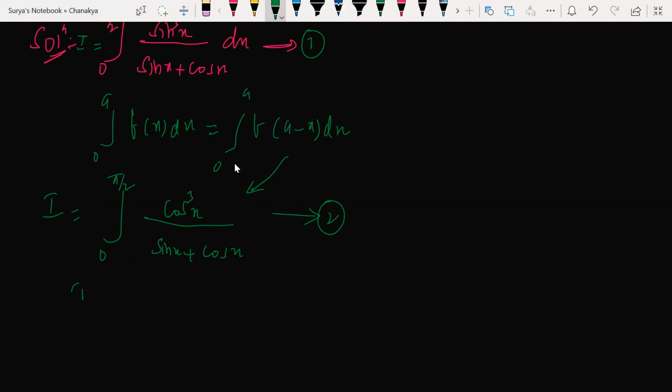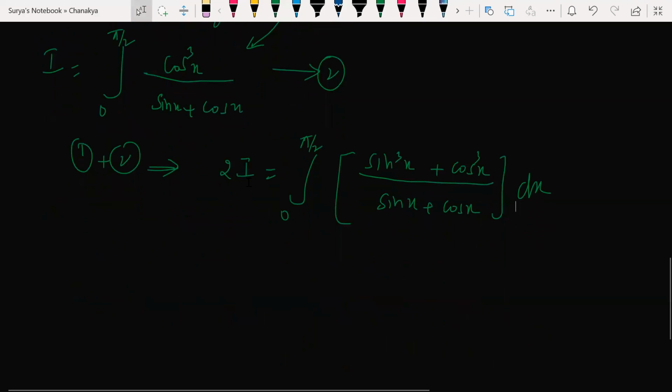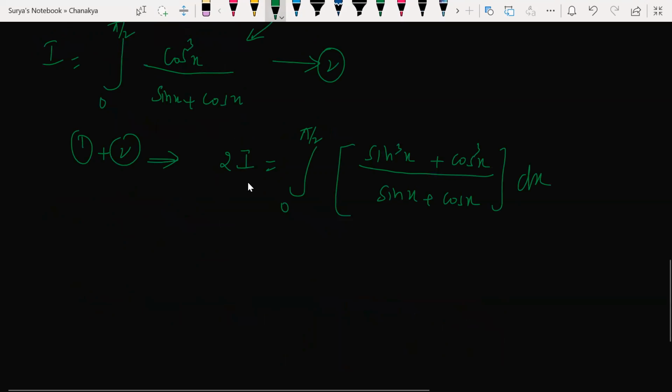The first plus second, I plus I is 2I, is equal to the integral from 0 to pi by 2 of sin cube x plus cos cube x whole divided by sin x plus cos x dx.